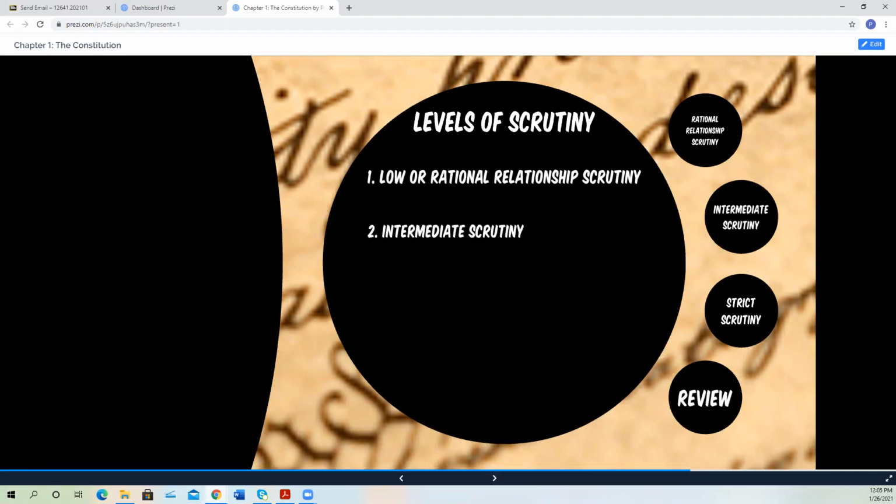The second is intermediate scrutiny. And the third is strict scrutiny. Depending on the group of people that's being treated differently by the government will depend on what level of scrutiny you're going to apply to determine if the Equal Protection Clause is violated.